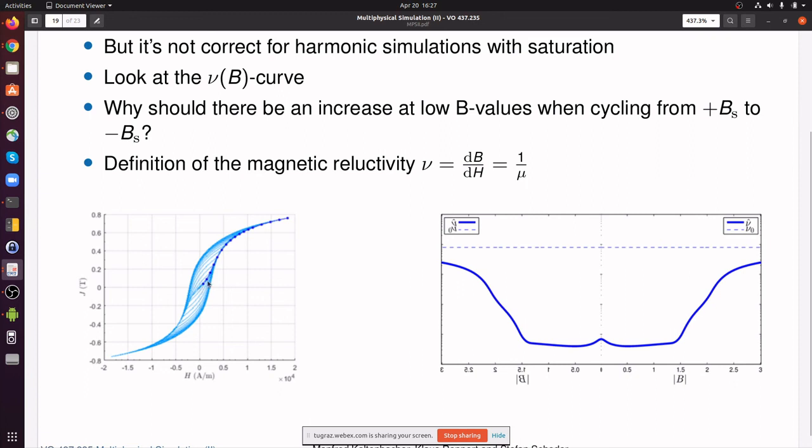And this region here is called the Rayleigh region. But for a harmonic simulation, or if you're cycling from saturation to saturation, there is no Rayleigh region altering your permeability.